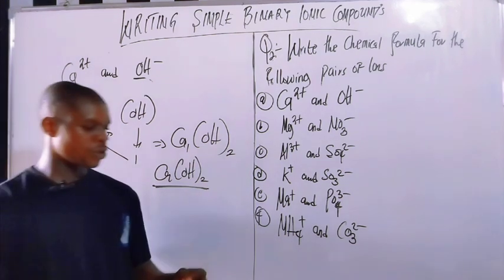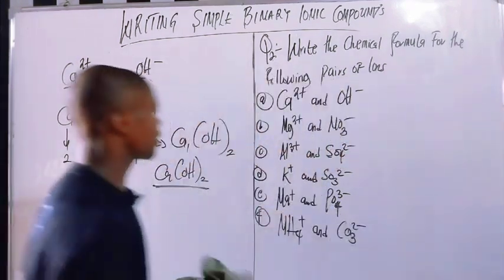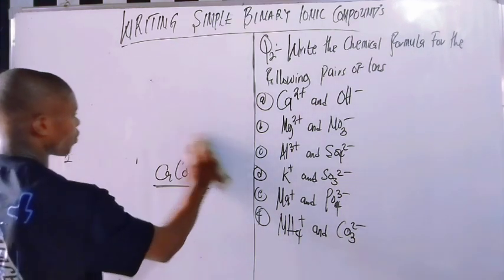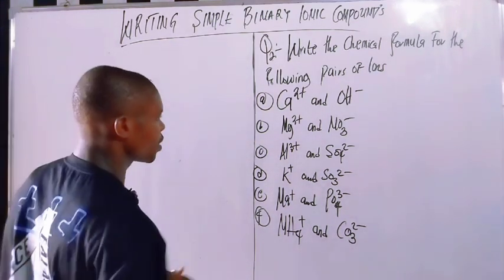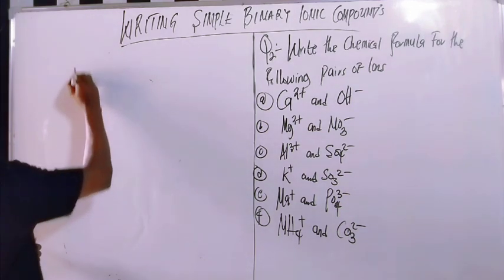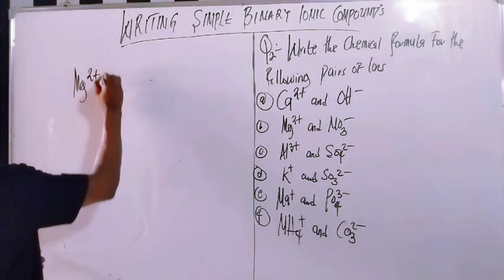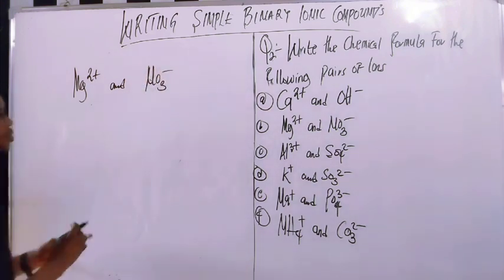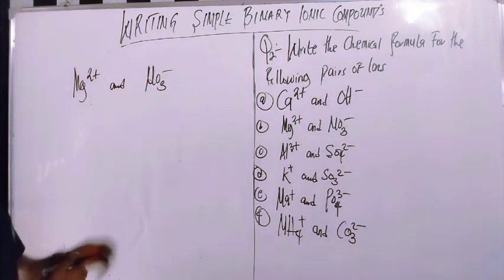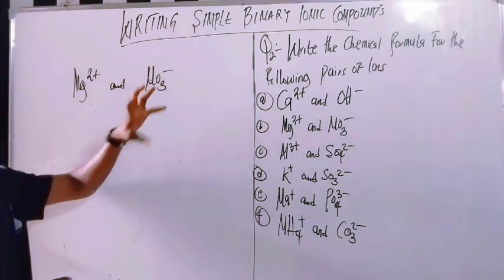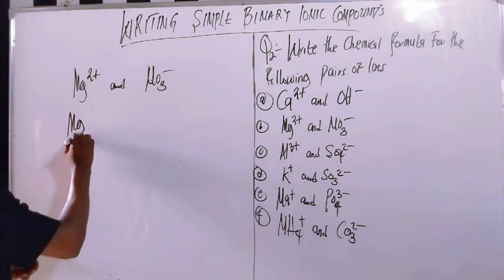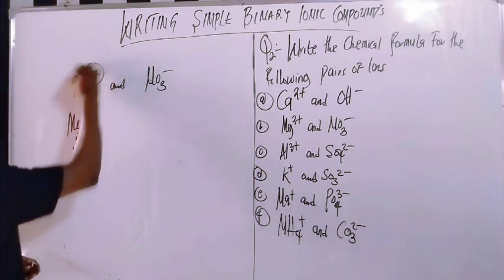So let's move to the next one. If you look at the next one, you have Mg2 plus and NO3 minus, right? Remember NO3 is a polyatomic ion. So it's going to be Mg, which is 2, the ion here, right?